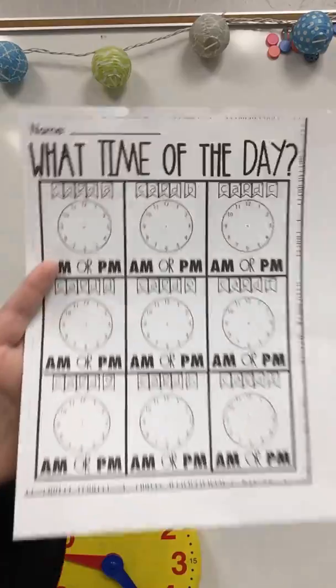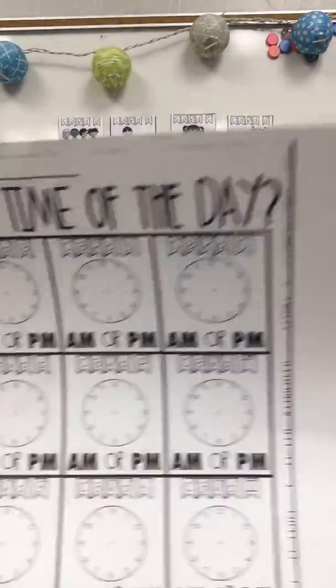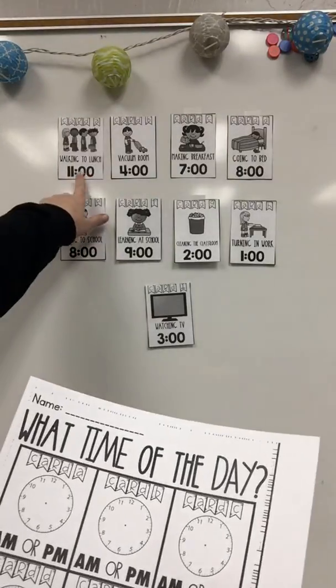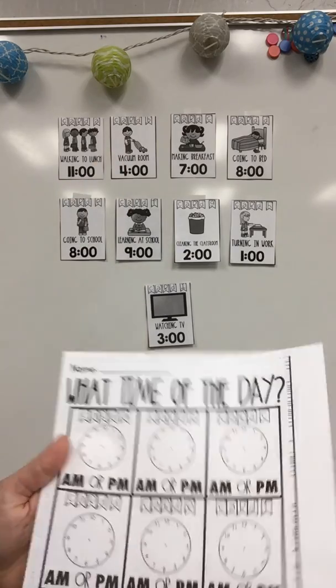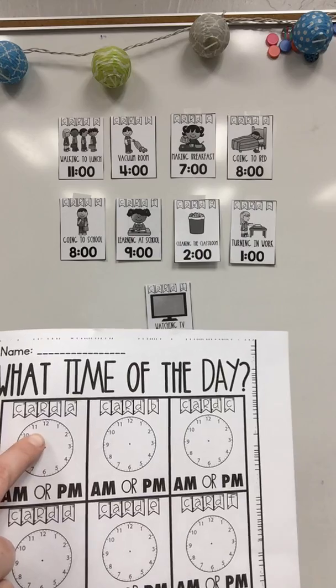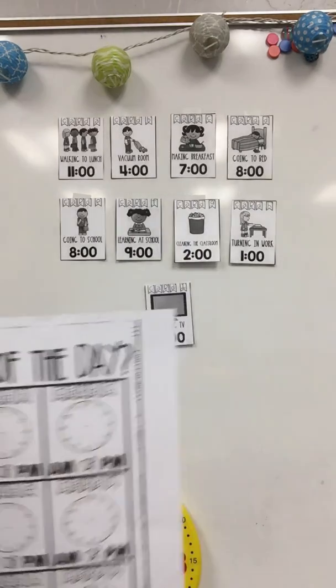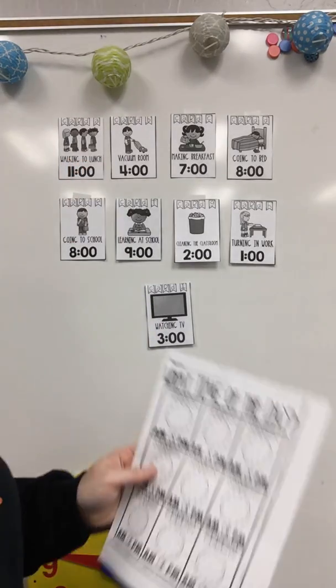You're going to write what it says, like right here it says 11 o'clock. So you're going to make this say 11 o'clock. Shorthand on the 11, longhand on the 00. Then you're going to write, it says walking to lunch.